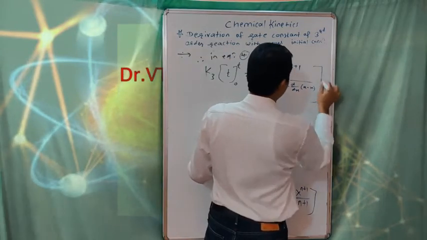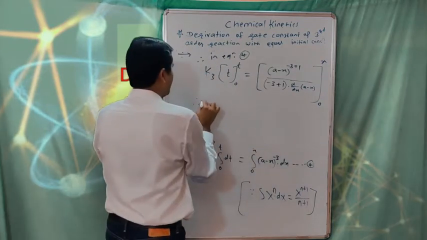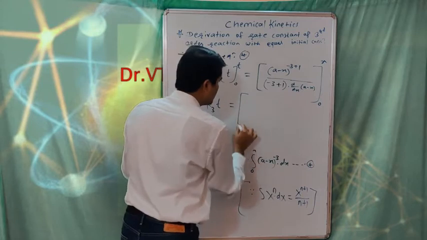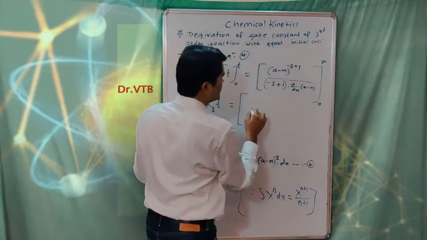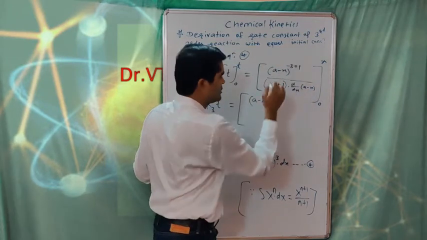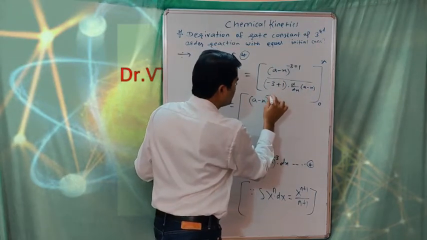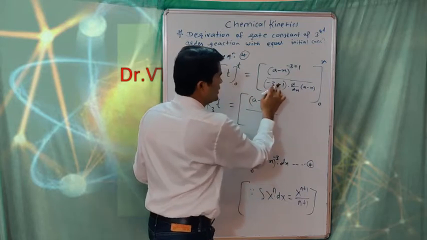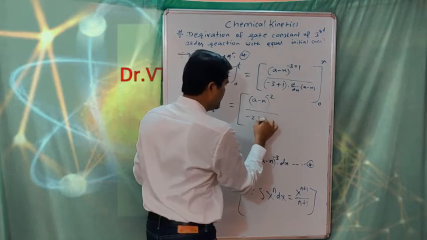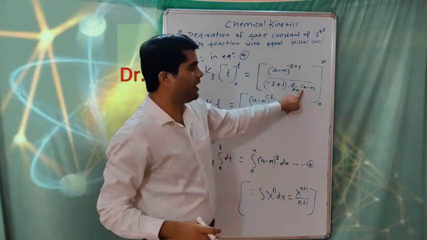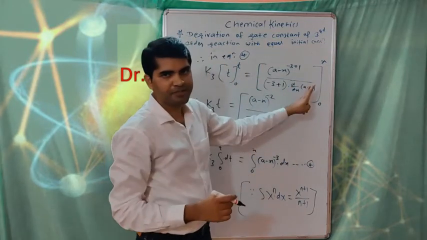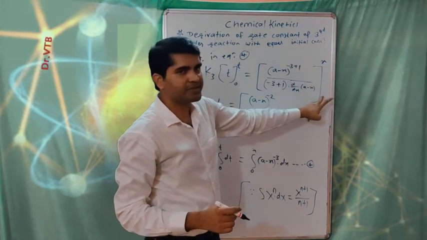Lower limit 0, upper limit x, and therefore k3 t is equal to, we can solve this one, (a minus x) raised to minus 3 plus 1, so it will be minus 2, upon minus 3 plus 1 is minus 2, into the derivative of a minus x. The derivative of a is 0, since it is constant, and the derivative of minus x is minus 1.